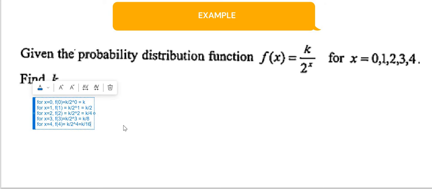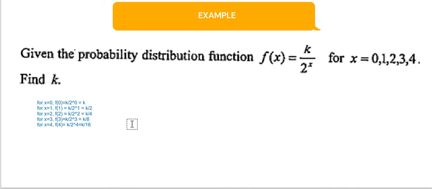Okay, done. So you already count each of it. What we do next is, if you still remember the properties of PDF, the total of all the probabilities must be equal to 1. You can see the properties.